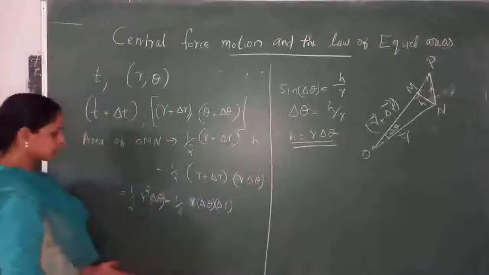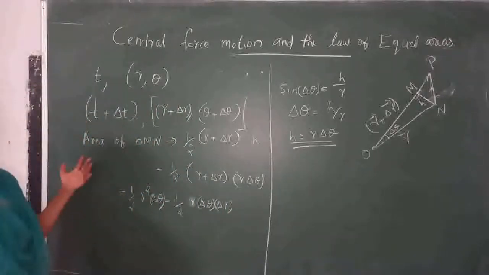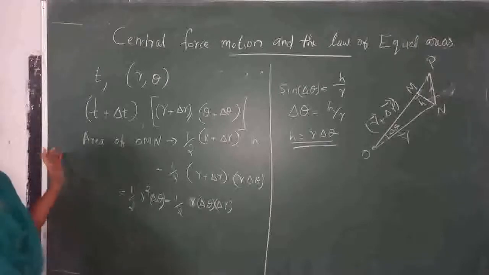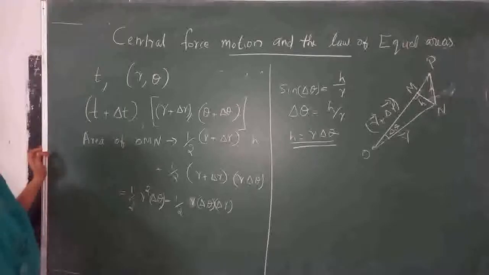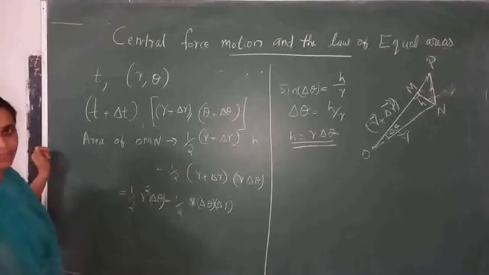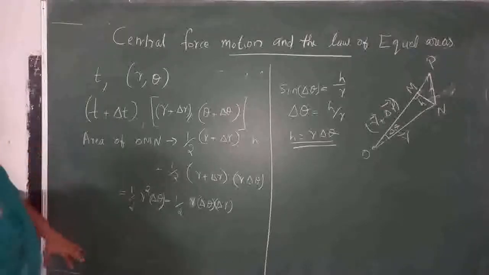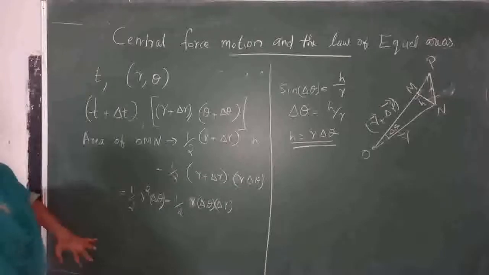Next we can consider the rate of change of this area with respect to time. According to Kepler's second law of planetary motion, the rate of change should be a constant. That means the area swept by the radius vector should be equal in equal intervals of time. So we have to consider the rate of change and prove that this is a constant.